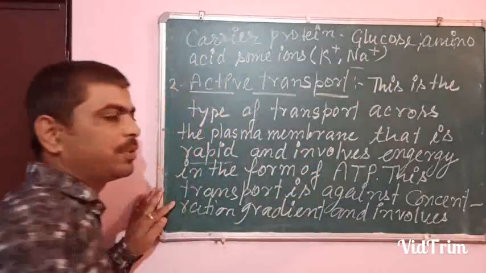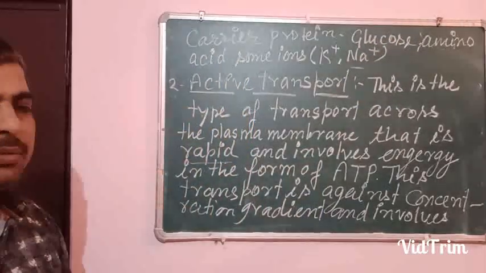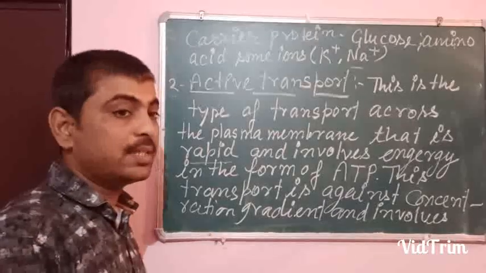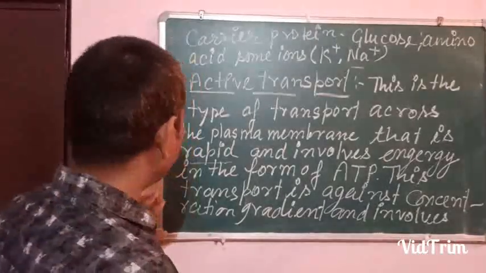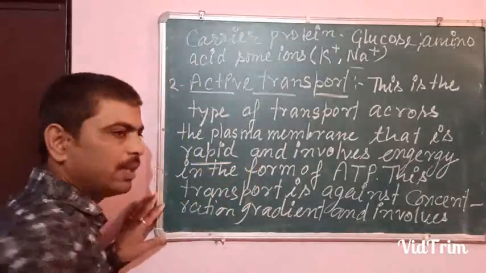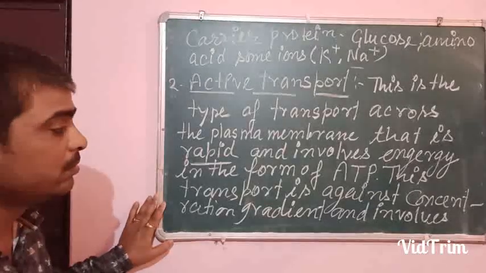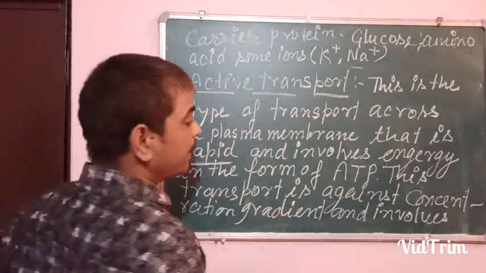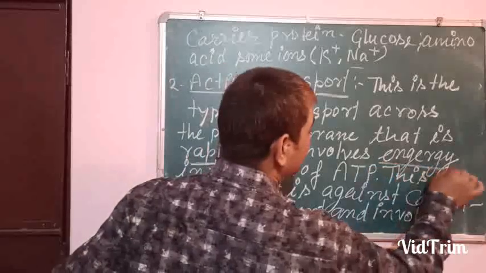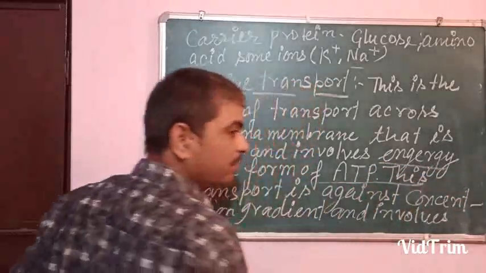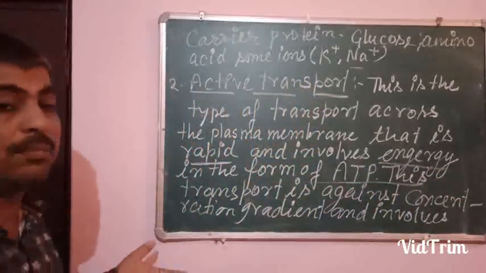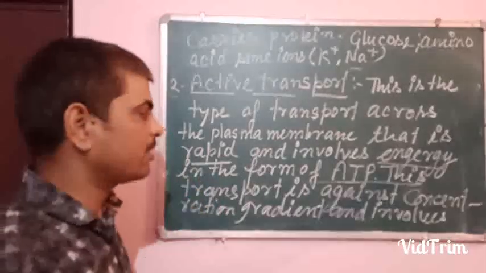These are transported across the plasma membrane through this mode of transport, that is active transport. You see here, it is rapid while passive transport is very slow. Second thing, it involves energy in the form of ATP, while there is no energy involvement in passive transport.